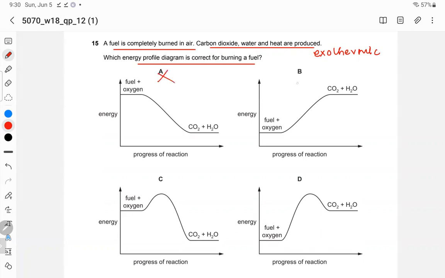And these are the wrong ones because we have the activation energy as well. And in exothermic, the energy is released, not absorbed. So here it is showing that energy is absorbed. So D goes wrong as well. And C is our correct answer. Is it clear to everyone so far? Yes, sir.